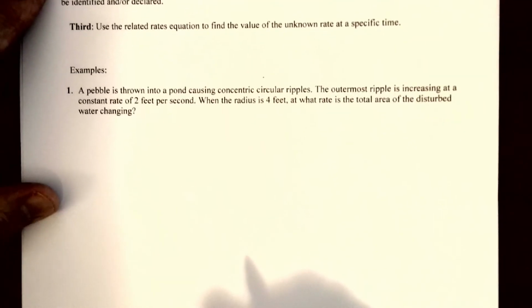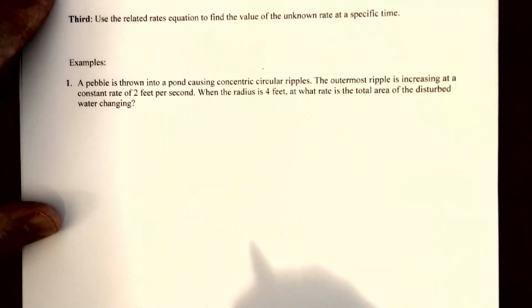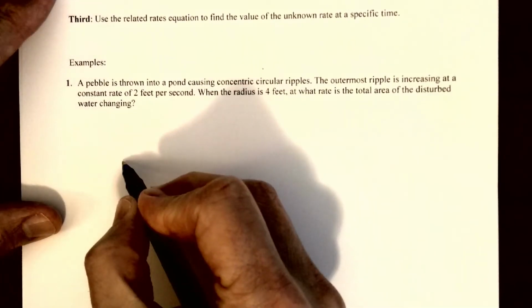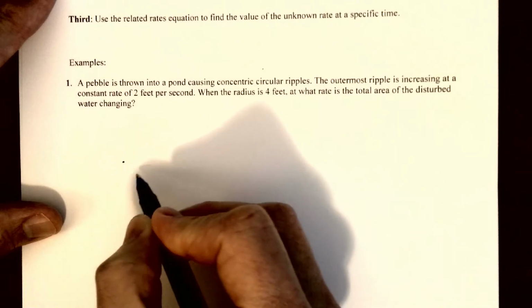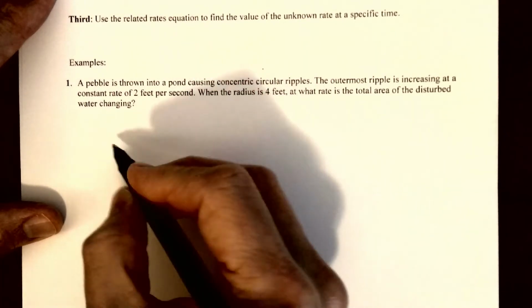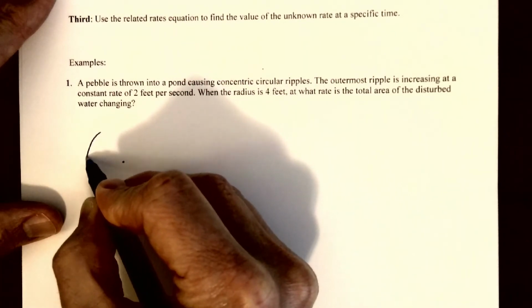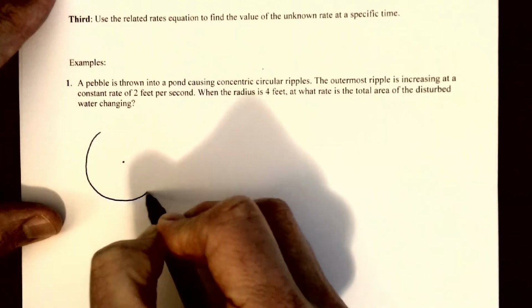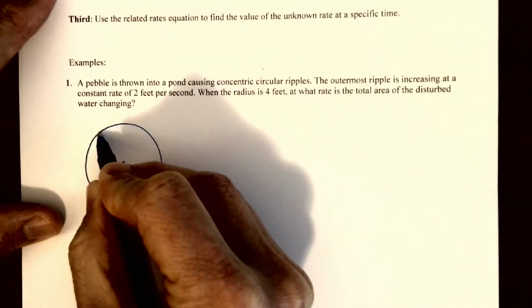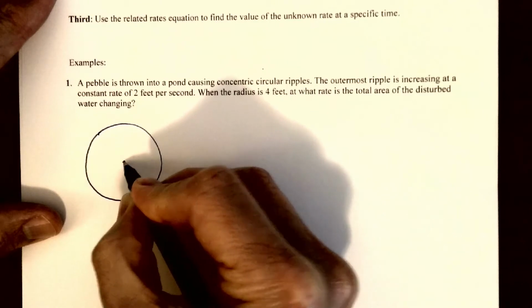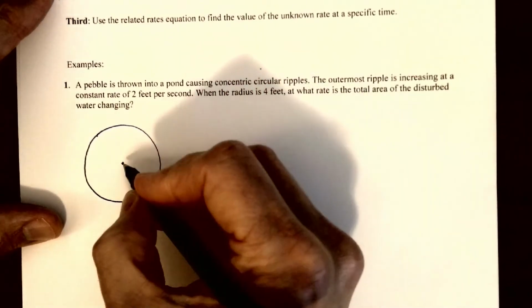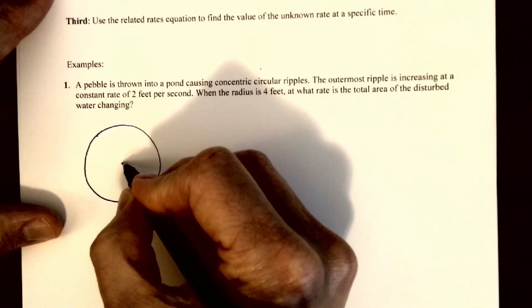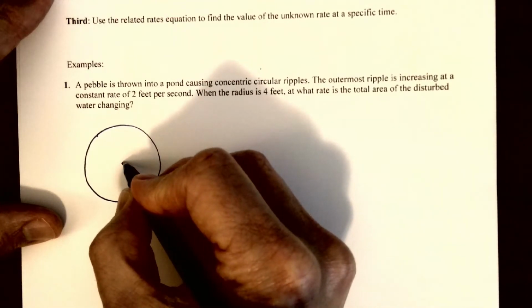Well, it helps to first of all draw a little diagram. If we're looking from above where we toss the pebble into the water, it's going to have these ripples that emanate out, and the outermost ripple at some time might look like this. The important parameter, or dimension, for this circle would be its radius.